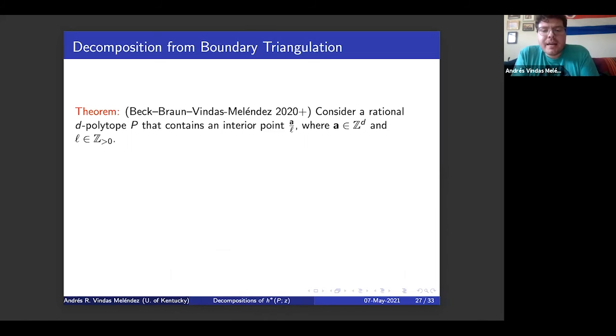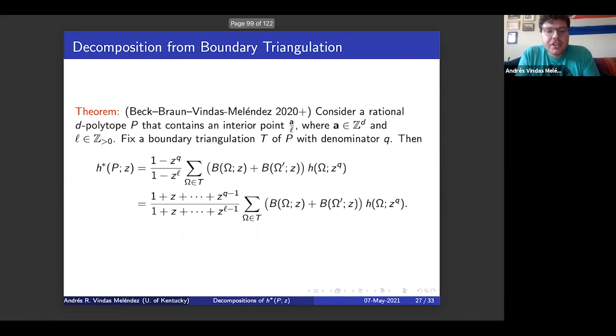So what does the decomposition say now? I'm going to consider a rational D polytope that contains an interior point A over L. When we're in the cone and we make everything big, we can say A comma L. And we fix a boundary triangulation T of P with denominator Q, then the H star polynomial looks like this, okay?